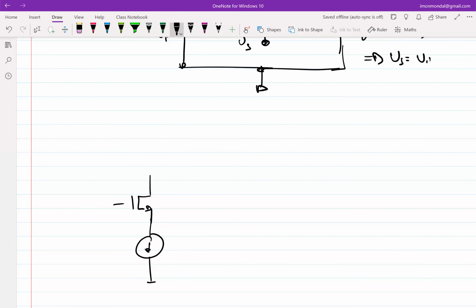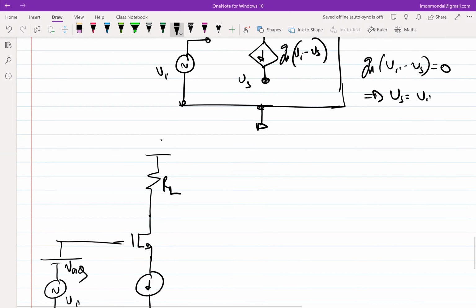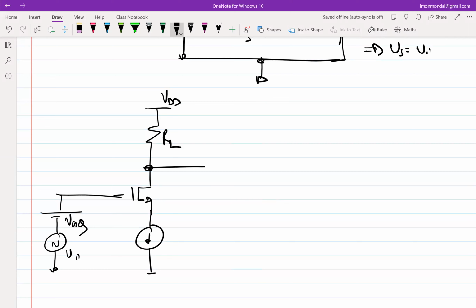firstly, this bias is necessary and this input is necessary. And in a common source amplifier, we also connect a load at the drain, and we take the output from here. This is the output.